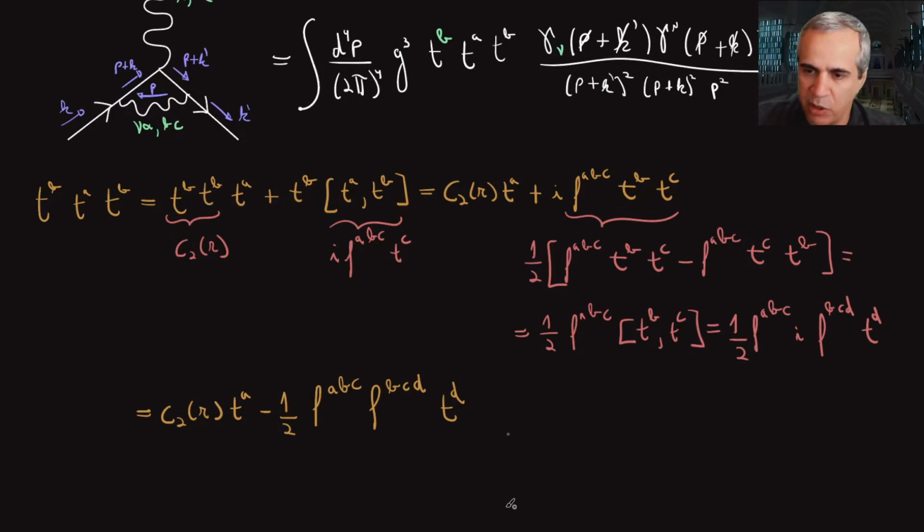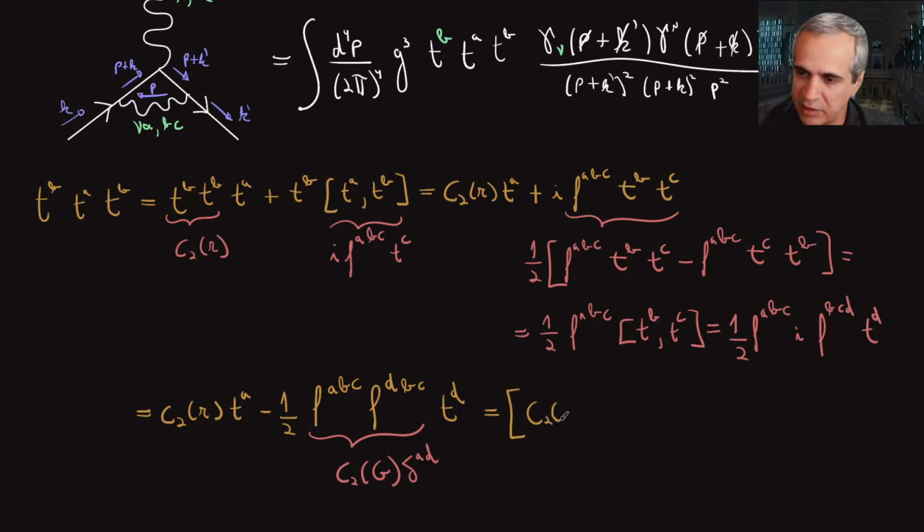But now this product of two f's, you see I have BC here, I have BC there. Cyclically I can bring this D to the front. And then I have something we used a few times already. This is the trace in the adjoint representation. So this is the Casimir times delta AD. Right? So I managed to write this product of three generators in terms of Casimirs. One Casimir for the representation of the fermions and one for the adjoint.